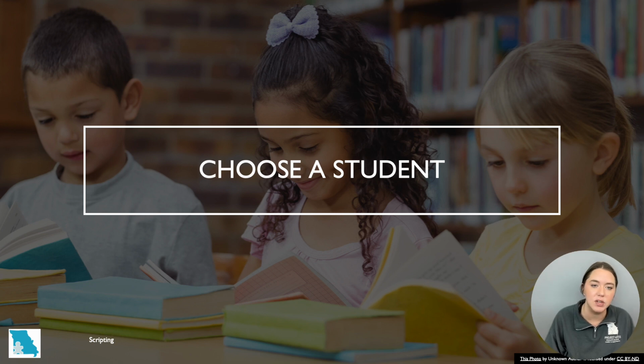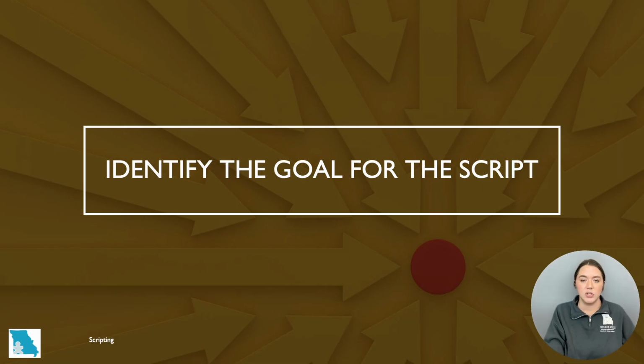So the first thing I want you to do is think about a student or choose a student that you think might benefit from a social script. So next you're going to identify the goal for the script. So for example, if you're a 5th grade teacher, social situations or social skills for a 5th grade learner, what does that look like?